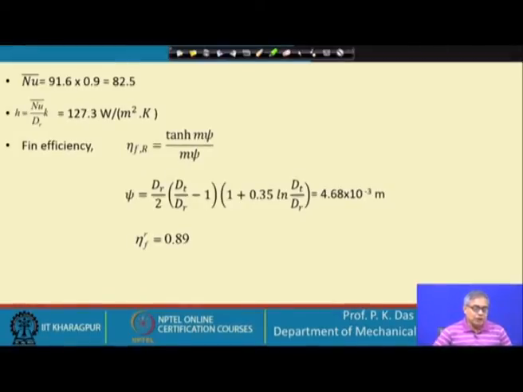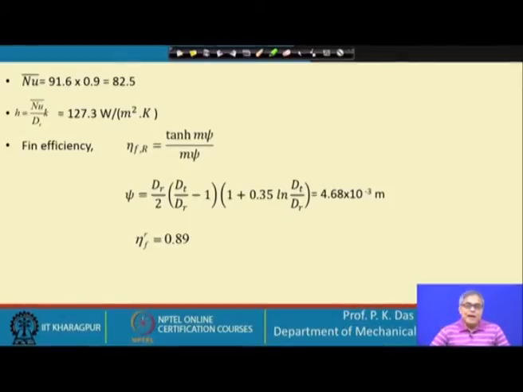So, then we have selected the actual relationship, and from there we have got the average Nusselt number. From there we have got the heat transfer coefficient, which is 127.3 watt per meter square Kelvin.